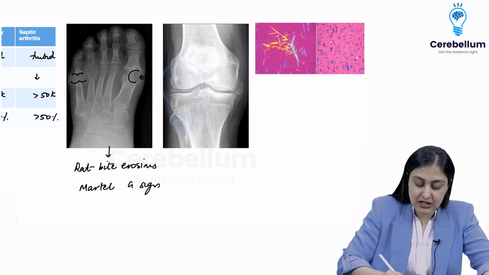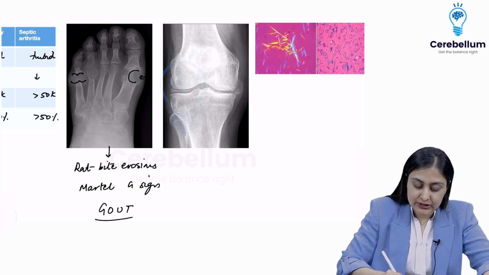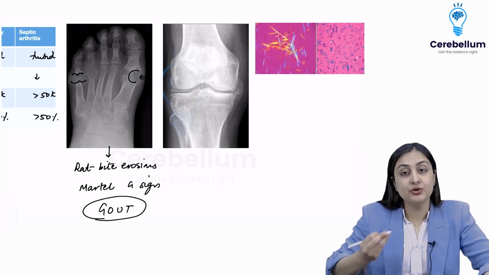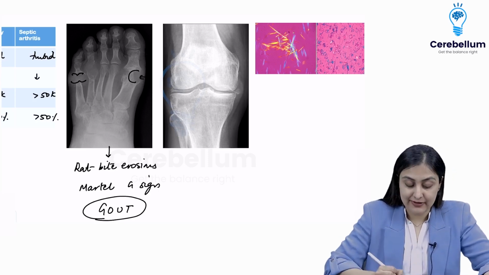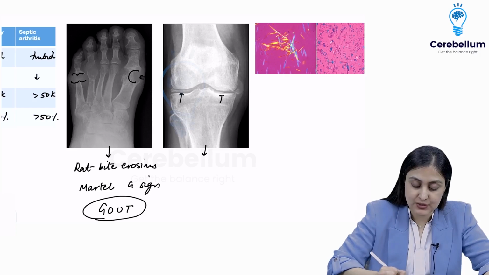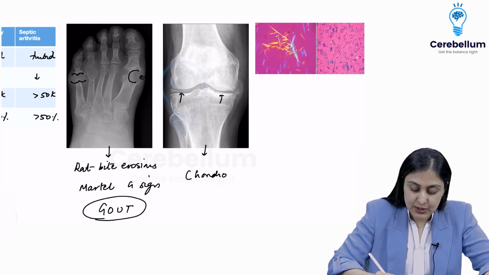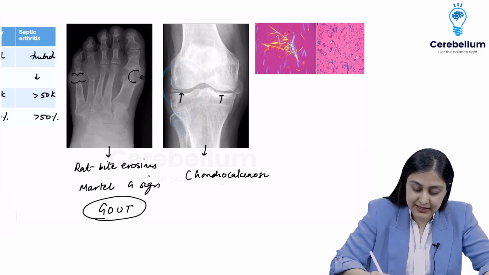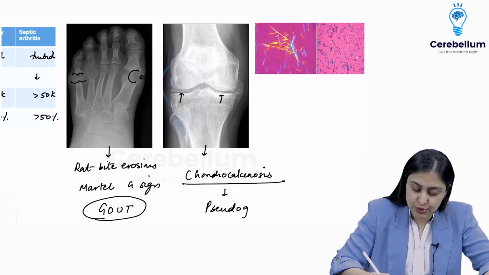The diagnosis becomes gout. On the other hand, when you have a knee joint which is being shown to you, and what you see is chondrocalcinosis. You can see how the meniscus is calcified here. Chondrocalcinosis, this is a marker of pseudogout.